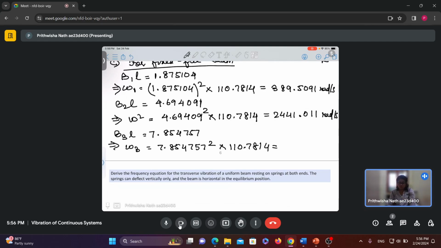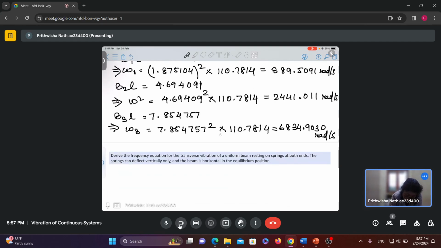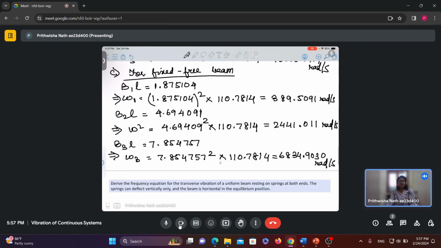So this is coming out to be 6834.9030 radians per second. So these are the first three natural frequencies for the fixed free beam.